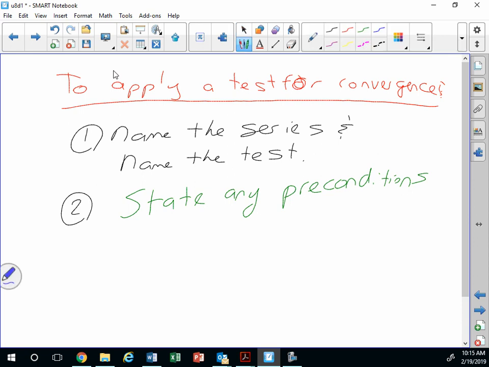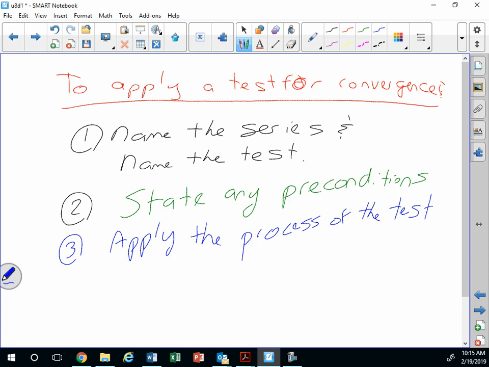Number three, apply the test. Apply the process of the test. And number four, state the results.